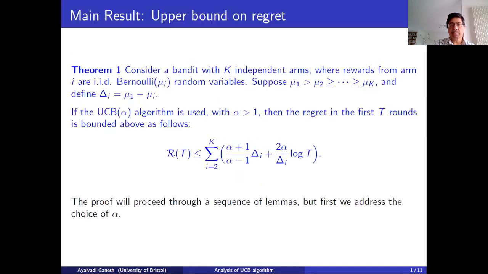In subsequent time steps, it computes an index for each arm, which consists of the sample mean reward obtained on that arm up to that time, and an additional term, which you can think of as an optimistic correction term, which gives an advantage to arms that have not been played too often until that time.